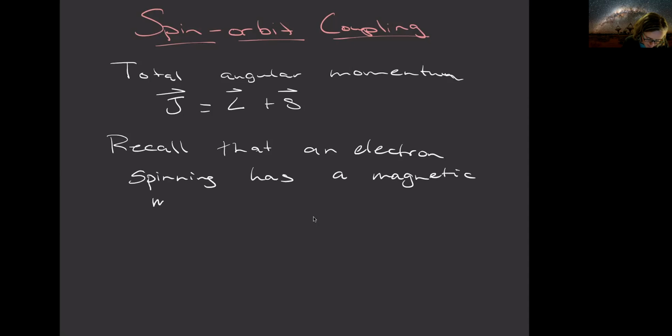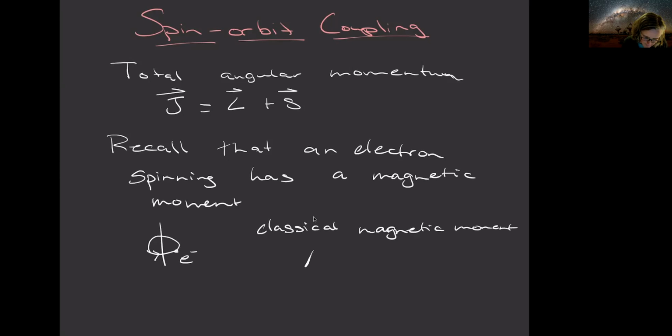Its magnetic moment in the classical simple model, where we have an electron that's spinning, the classical magnetic moment, is given by mu equals the current times the area over the speed of light.